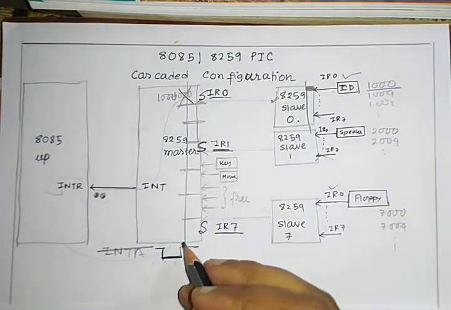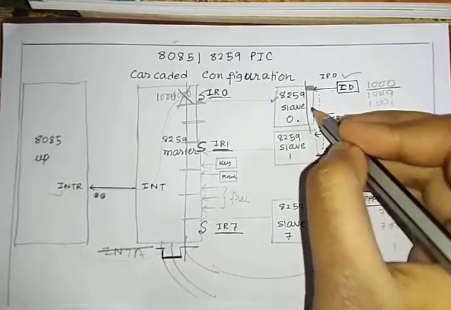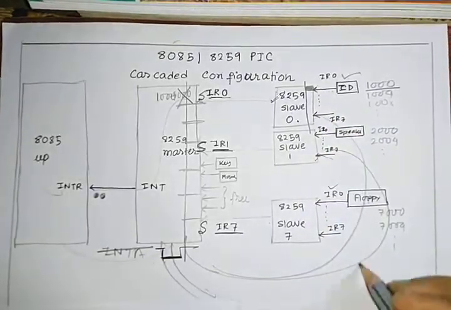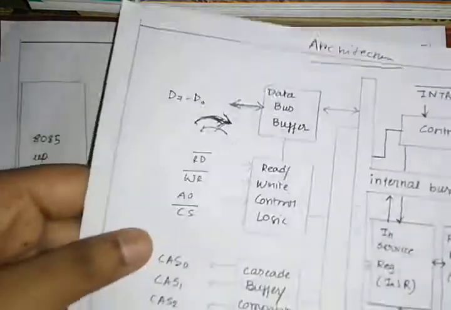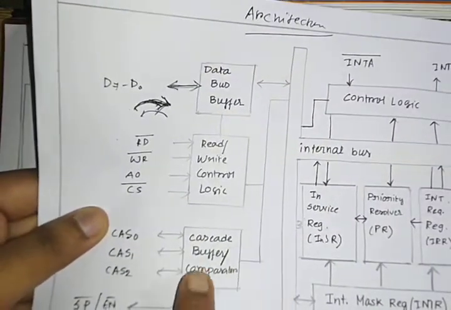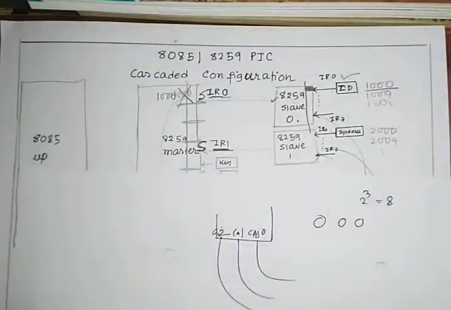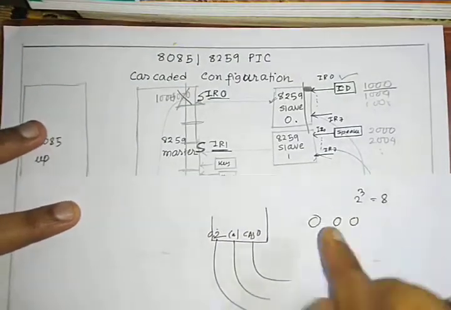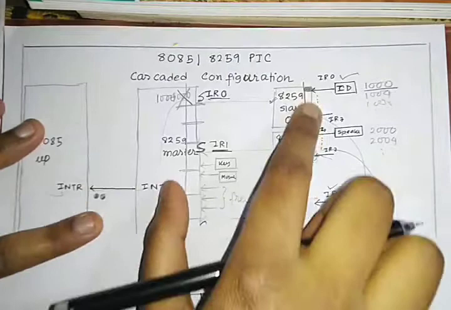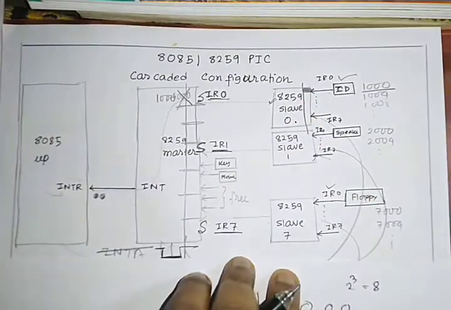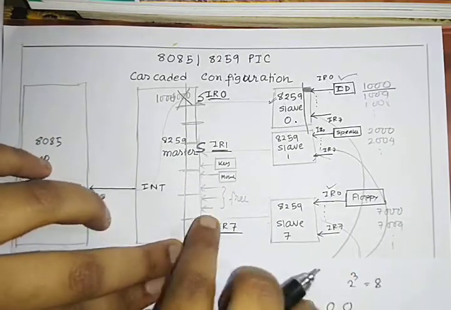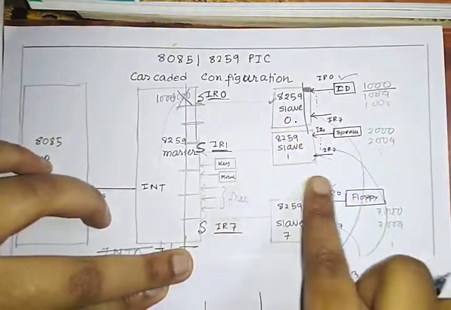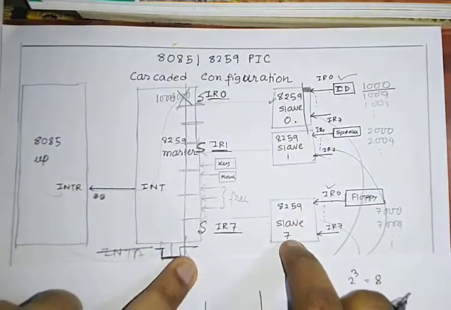These 3 lines are connected with each and every slave. Why? See this, the cascade buffer/comparator: when I produce a signal for all slaves, they have to compare and check who is the most important one and whether they are that one. So it will produce 0, 0, 0 for every chip.